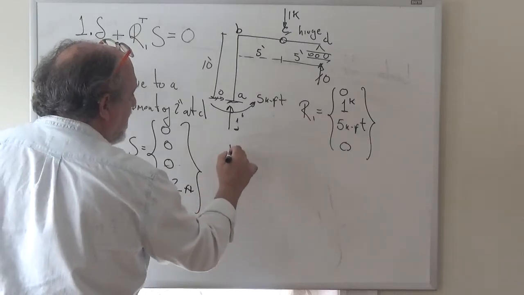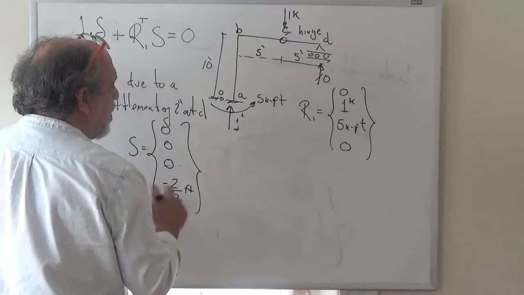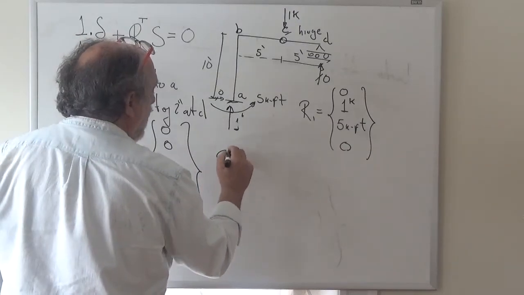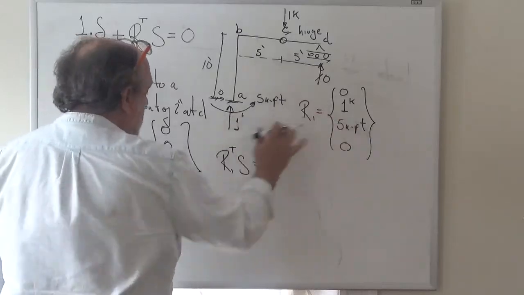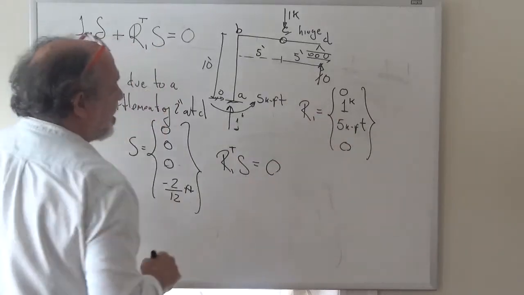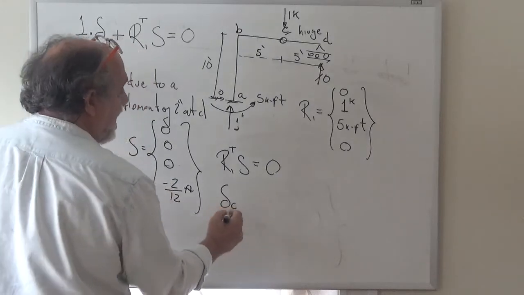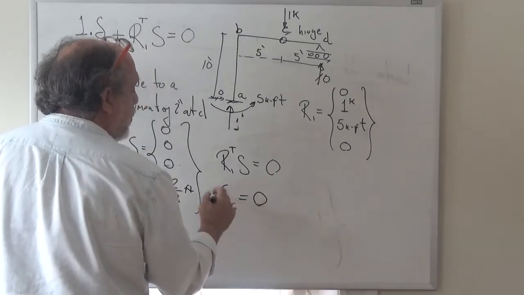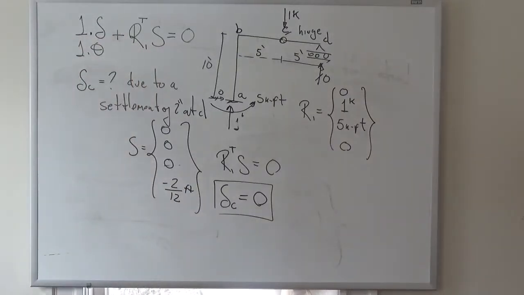Now when we do R transpose, I'm sorry, I used R transpose. It doesn't matter which one you transpose, but if we do R1 transpose times S, then it's this times this times this times this times this is 0, right? Therefore we find that delta C is equal to 0 if what we have is a vertical settlement of the support at D.